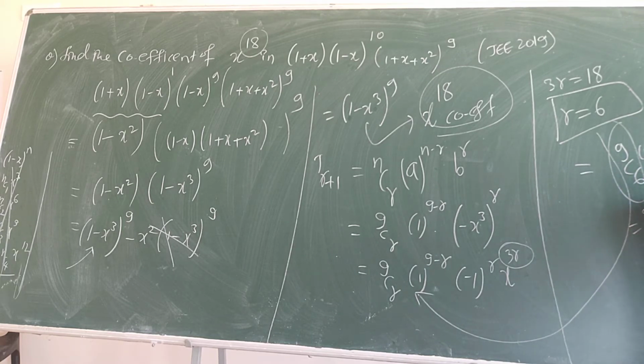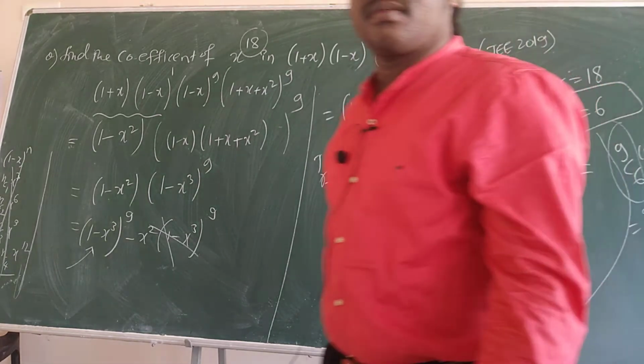So 9C3 value is how much? 9×8×7 divided by 3×2×1. The 3s are cancelled, the 2 and 4 are cancelled. So you get 7 threes are 21, 84. 84 is the answer.